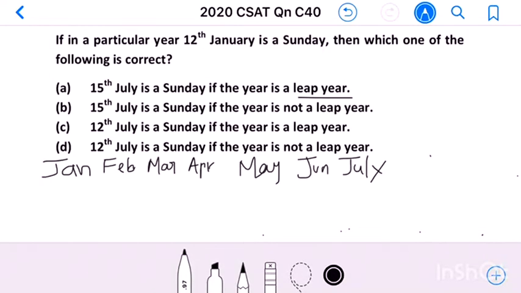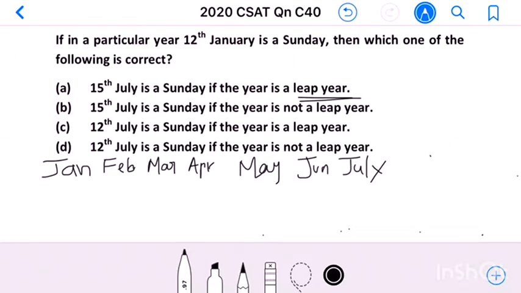Question number 40. If in a particular year 12th January is a Sunday, then which one of the following is correct? Option A, 15th July is a Sunday if the year is a leap year. So if today is Sunday, then after 7 days it will be Sunday again. By using this knowledge, we can solve this question.